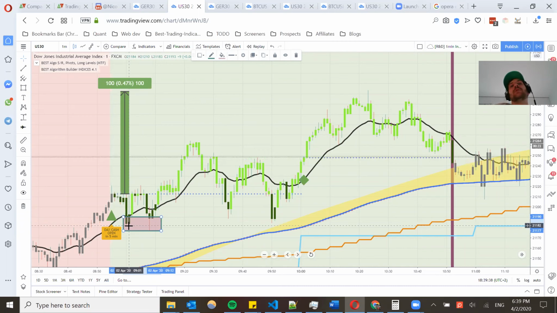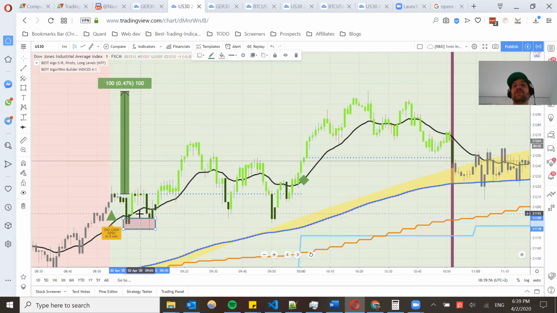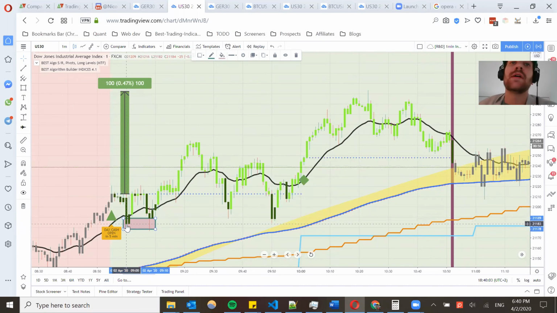basically, when we have that long with a green trend, and there is no support or resistance near, and we are that far below the EMA 20, if you are an aggressive trader, you can try at 9 a.m. as well.